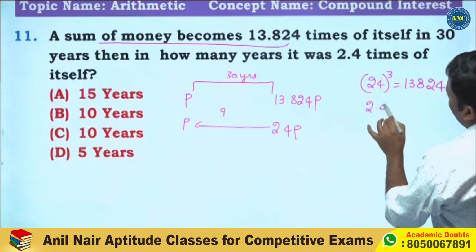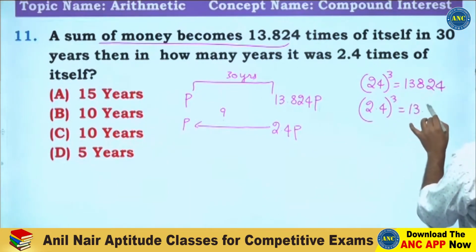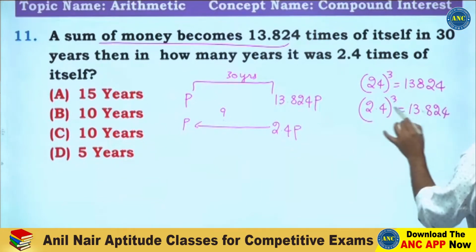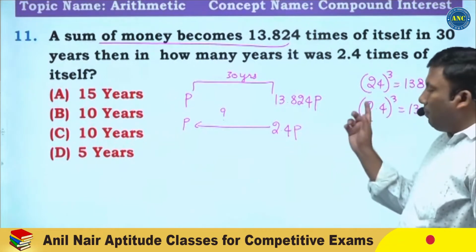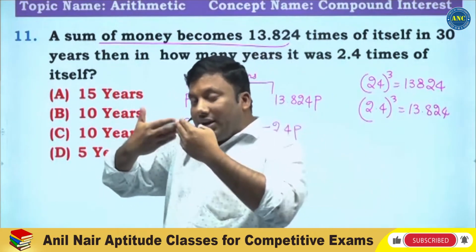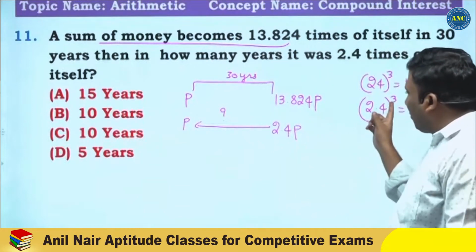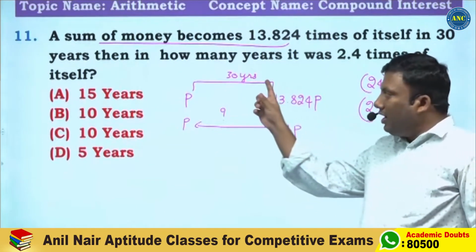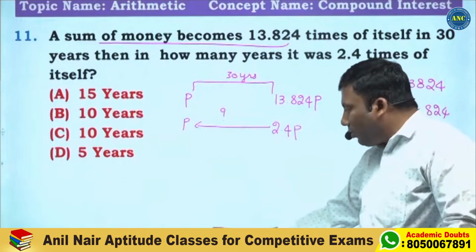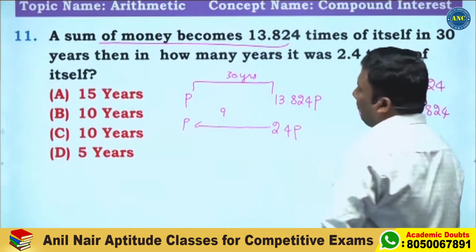Power I got is 3. AR square, AR cube, power 3. 2.4 power 3 should be equally distributed among 30 years.